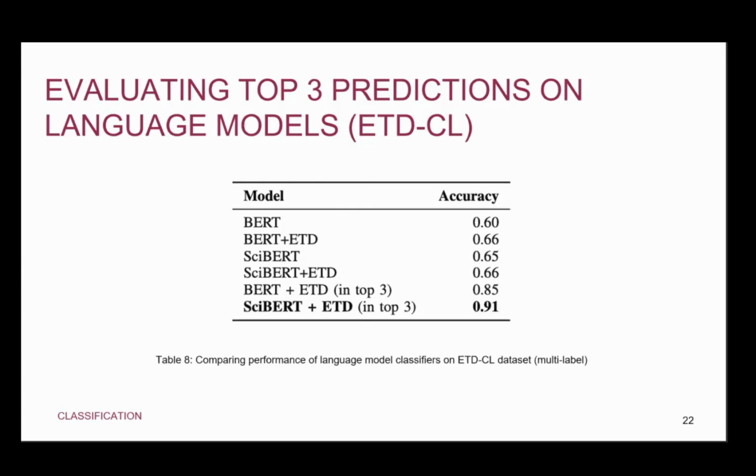And we did see that the fine-tuned Cybert and Cybert with ETDs had the highest accuracy of 91%. So basically, in the top three labels, it always found the label that was associated with the ground truth, which is promising, but it would be better if we had a multi-label ground truth to compare against and get the proper F1, precision and recall.